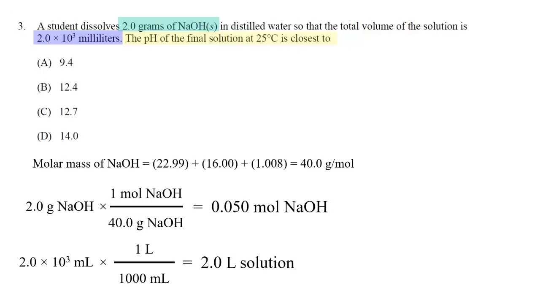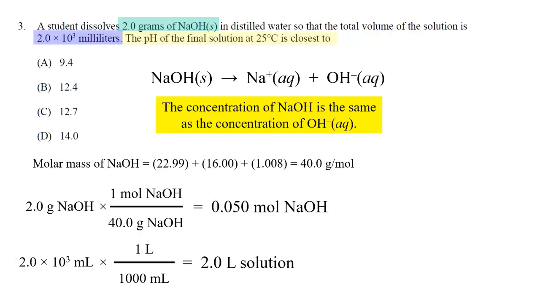Putting these two quantities together, now we can figure out the concentration of the sodium hydroxide. Remember, this is a group 1 hydroxide. The concentration of the sodium hydroxide is the same as the concentration of the hydroxide ions in this solution.